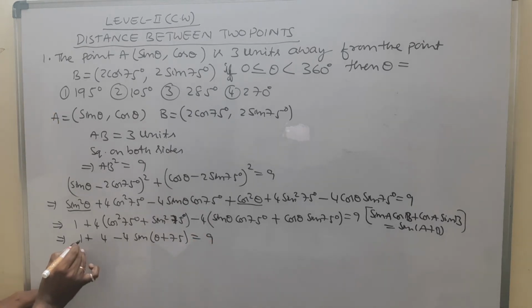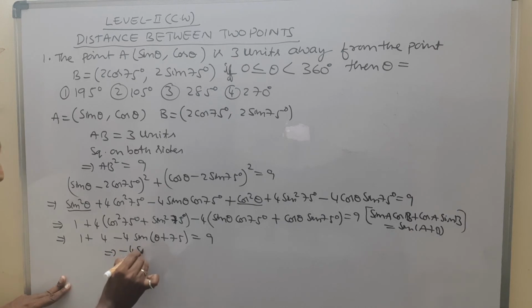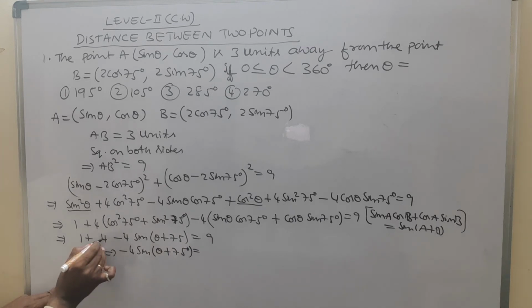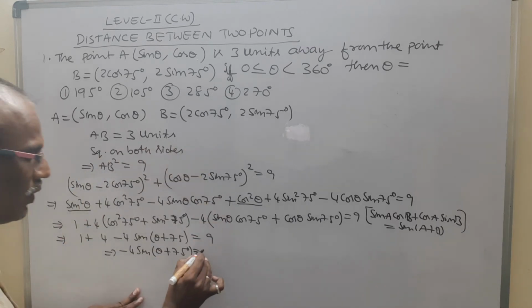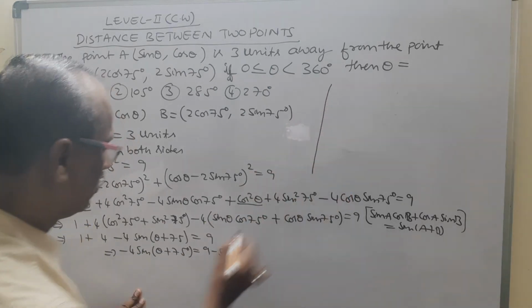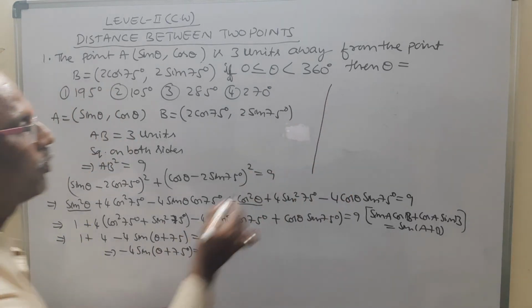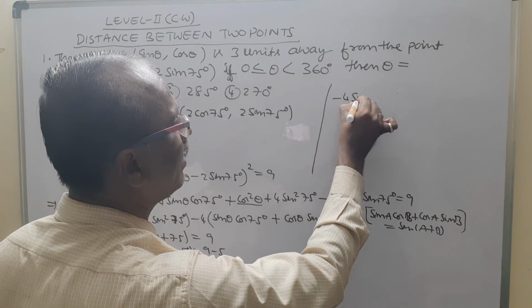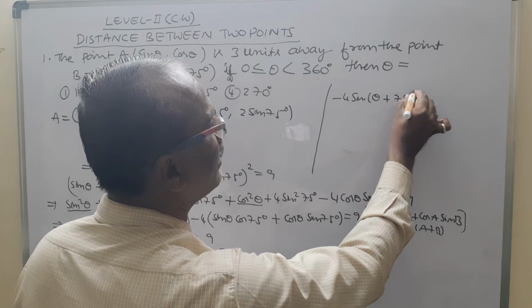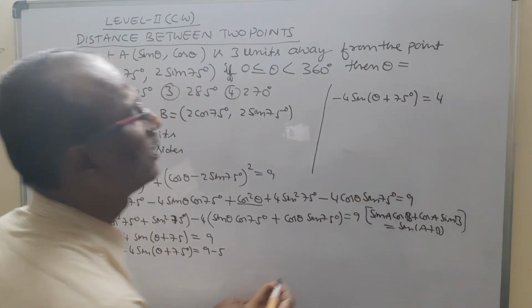Here 1 plus 4, 5, minus 4 sin of theta plus 75 degree equal to 9. 5 becomes minus 5, 9 minus 5 equal to 4. Minus 4 sin of theta plus 75 degree is equal to 4.